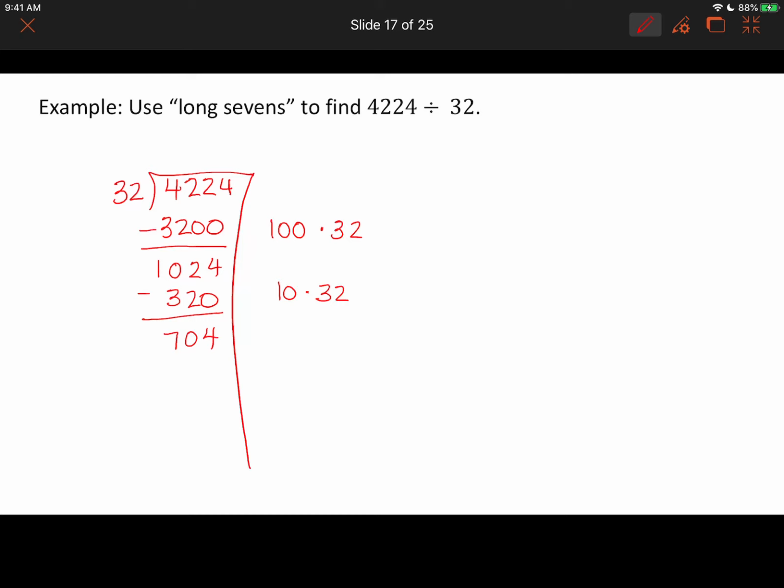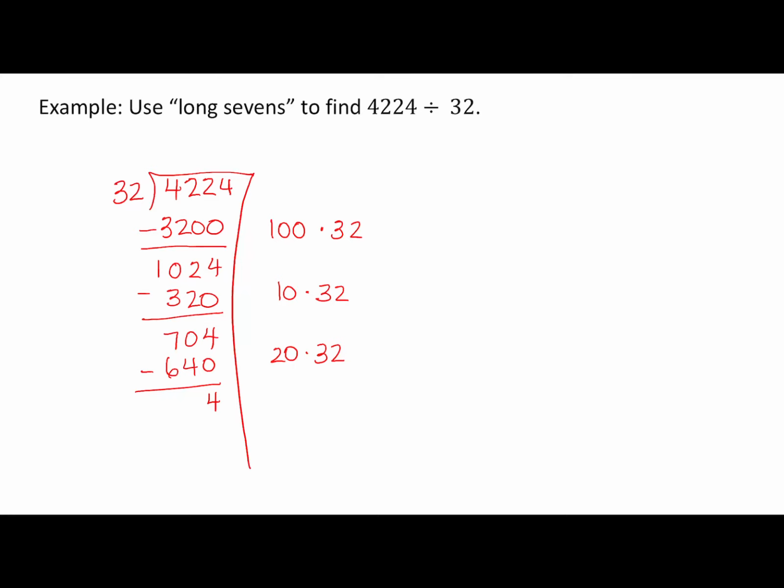And maybe I get a little confident, so I say, let's try 20 times 32 this time. That's going to give me 640. So let's subtract that. I'm going to have to borrow. So 64. And then maybe I can recognize that 2 times 32 is 64.